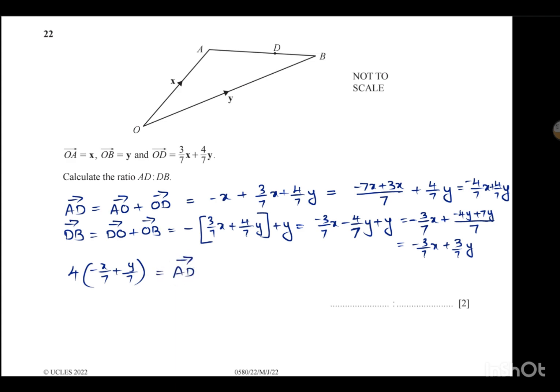And for DB, if I take 3 common, I get the same, minus x by 7 plus y by 7. So AD is to DB will be 4 is to 3.